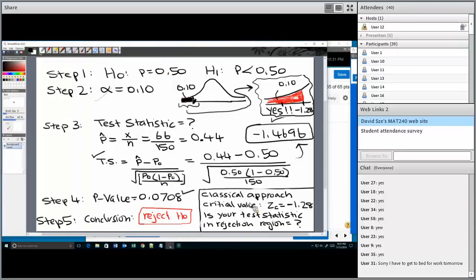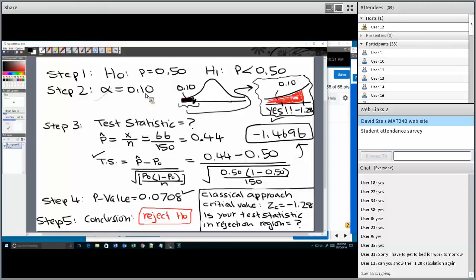So using the p-value or the classical approach, you always get the same answer. You should never ever get two different answers, okay? Both approaches will give you the same answer. Now, if the question doesn't ask you specifically, I prefer going with the p-value approach because it's simpler.